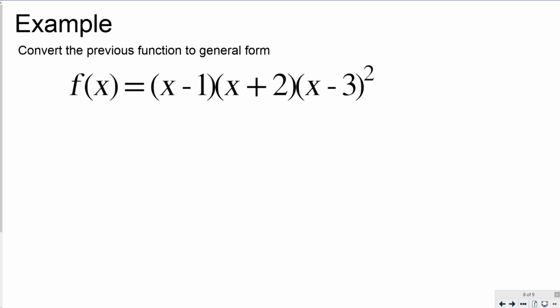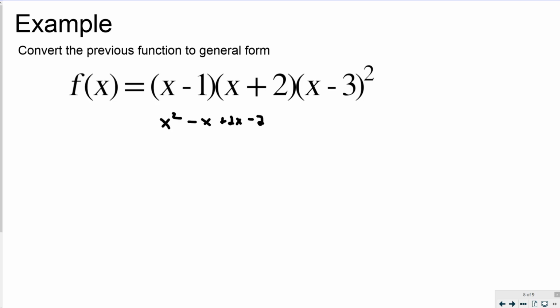If we were to convert this into general form, what you need to do is multiply them out. So what I can do right away is split this into a 2 by 2 multiplication problem and then multiply them. So it would be x times x would be x squared, minus x, plus 2x, minus 2.